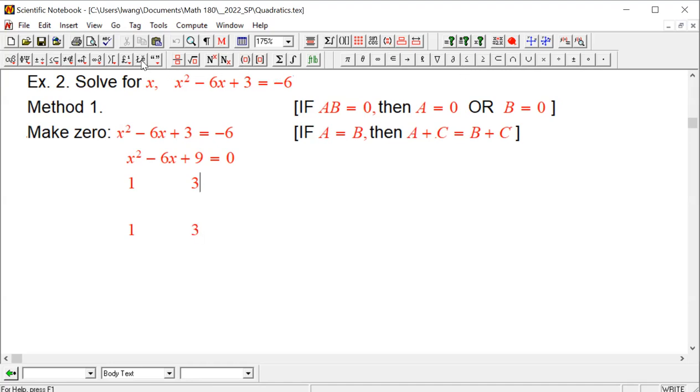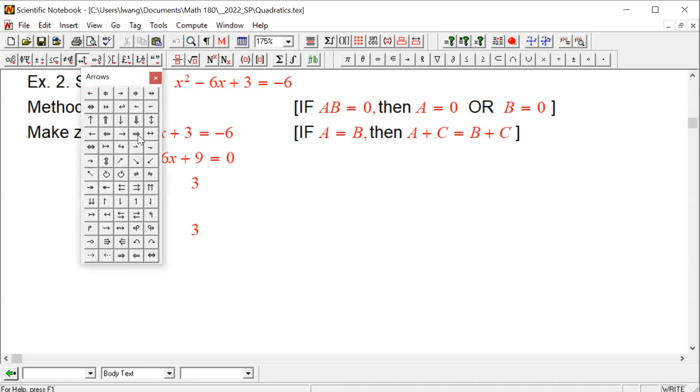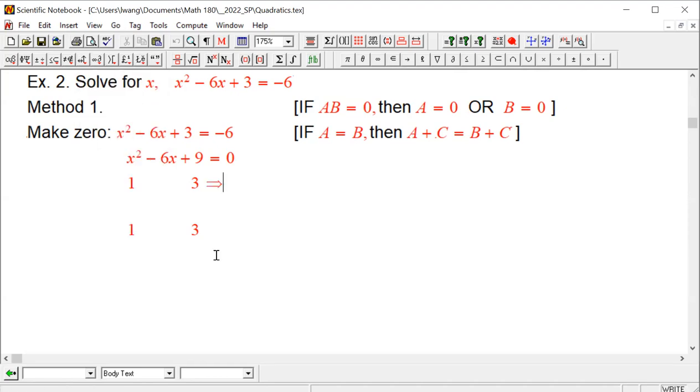Cross multiplication. Okay, how do we do the cross multiplication? We've done that earlier, right? But some of you may not be familiar with this method, right? Cross multiplication.